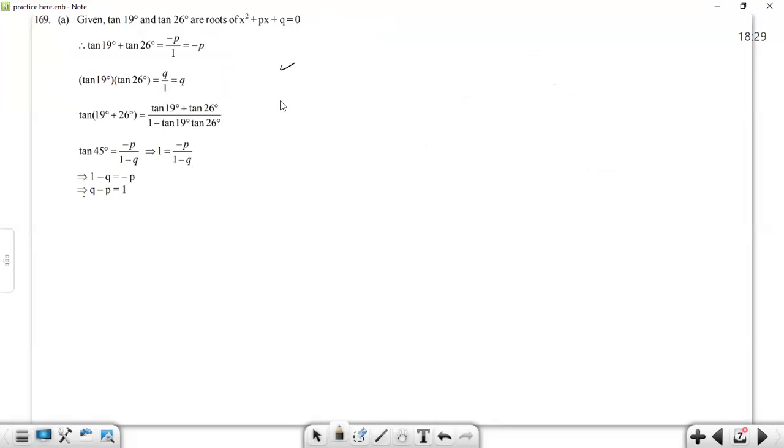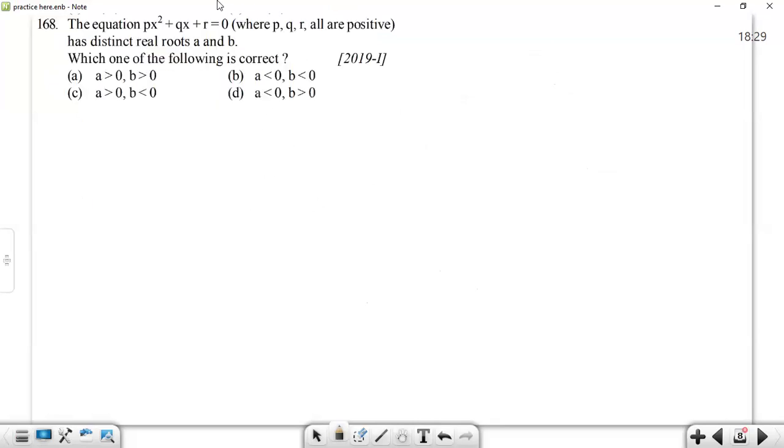Okay, so the equation where p, q, r are all positive has distinct real roots. Okay, so distinct real roots A and B. Now we have to tell about the nature of roots.